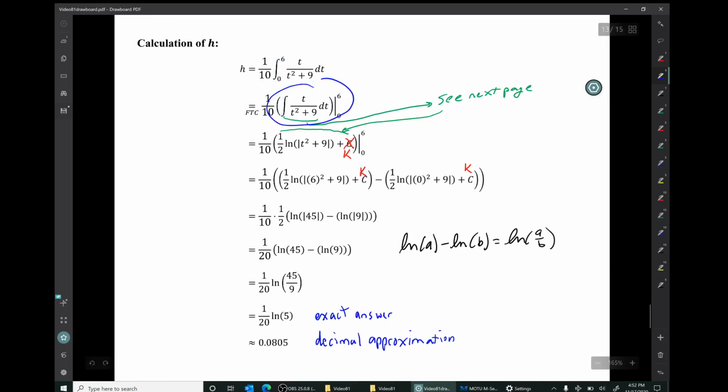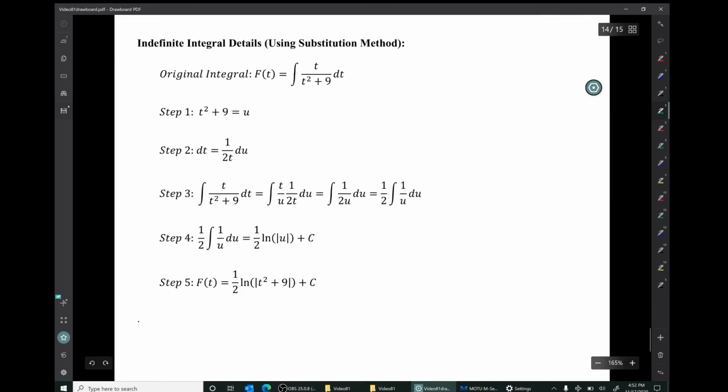So the indefinite integral that we're going to be computing is the indefinite integral of t over the quantity t squared plus 9. Well, that integral will involve substitution. The inside function is this t squared plus 9. That's our u. Then, of course, u prime will be 2t. So I end up with this equation that says dt equals 1 over u prime du, or that is dt equals 1 over 2t du.